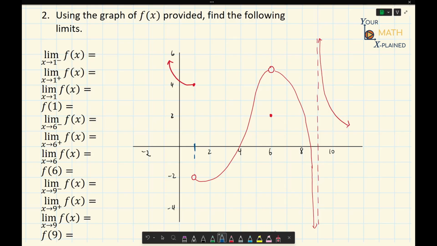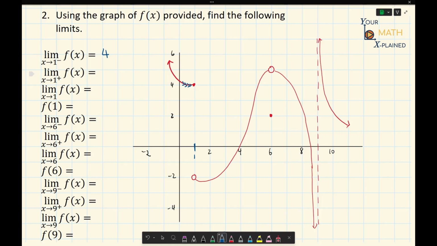Because we're approaching from the left-hand side, we're going to look for the graph to the left of 1, and that is this piece right over here. Following this graph, we can see that as we get close to x is equal to 1 from the left side, our function f of x is approaching 4. So the first limit is equal to 4.